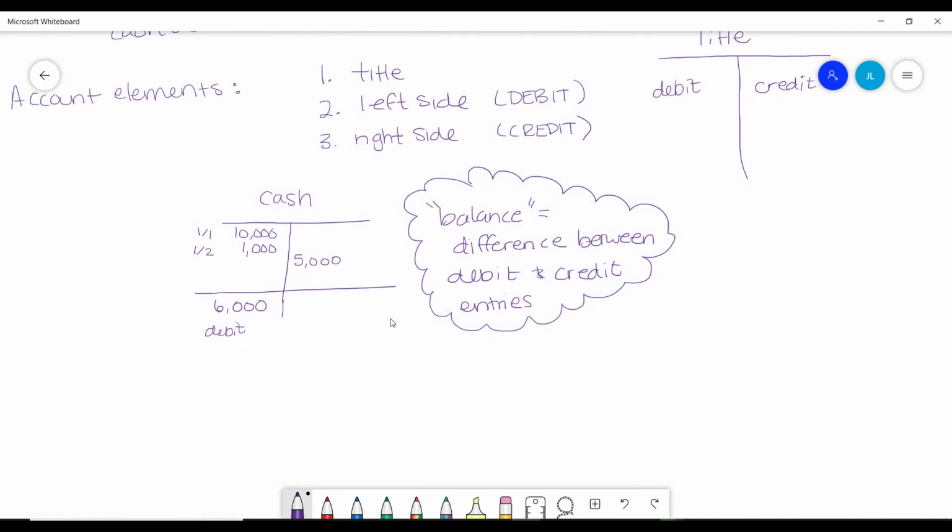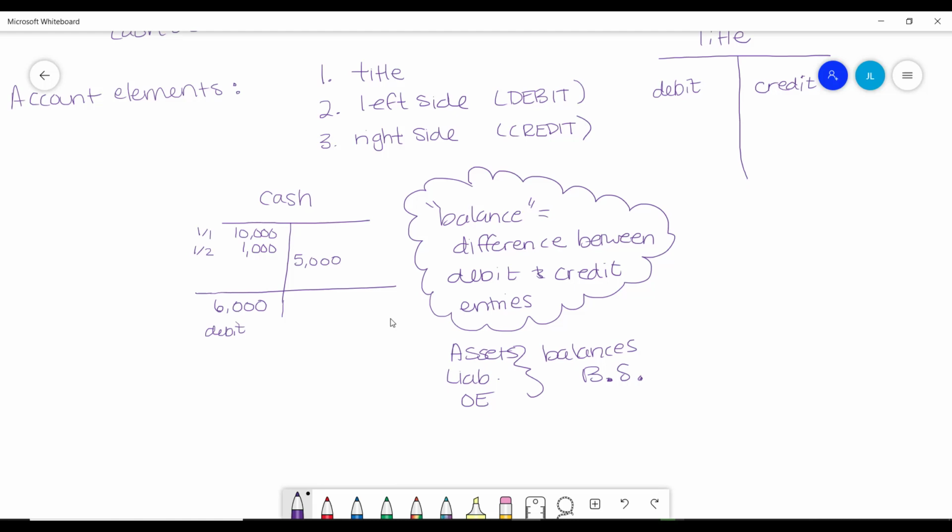Okay? The balance of an account is what goes on the financial statements. So the balance, if we're talking about assets, any asset accounts, any liability accounts, and owner's equity accounts, these account balances are what we see on the balance sheet.